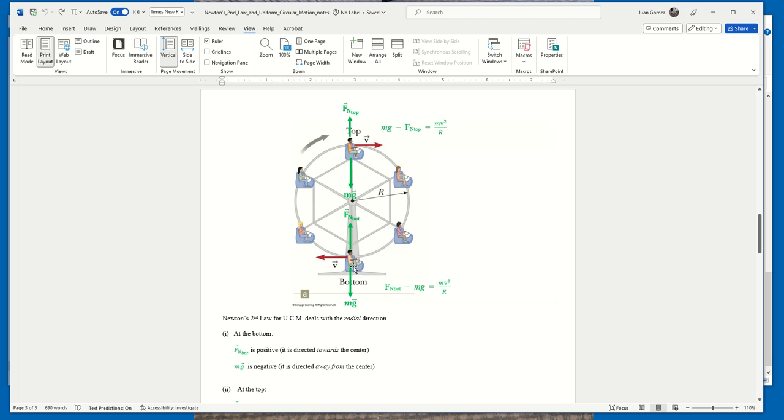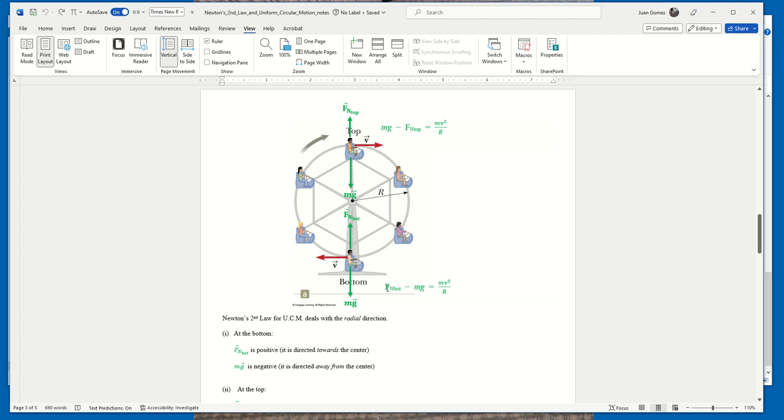The force of the chair acting on the rider, that green vector representing Fn bottom, is clearly perpendicular to the surface of the chair where the person is sitting. So in terms of the radial direction, Fn bottom is positive because it's directed towards the center of the circle. Mg is negative because it's directed away from the center.